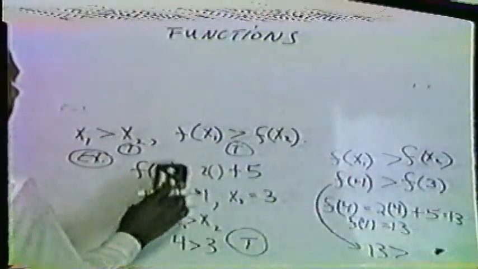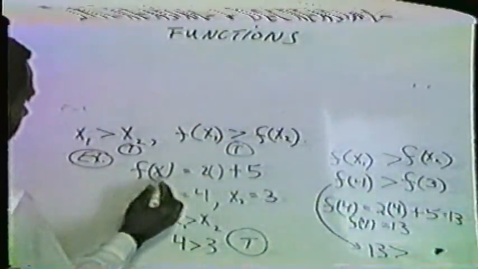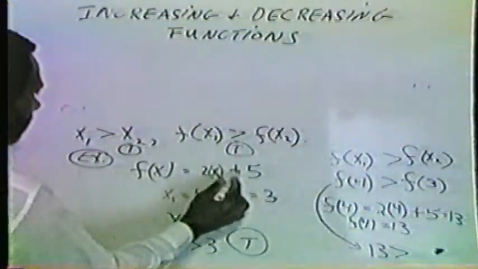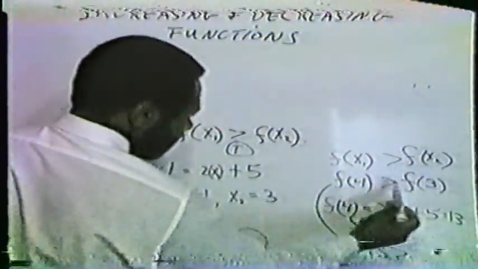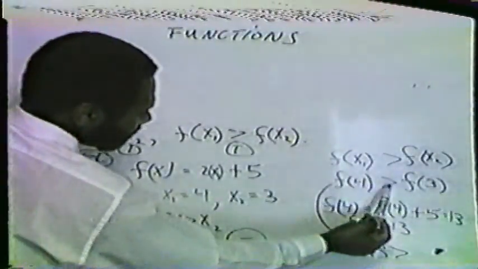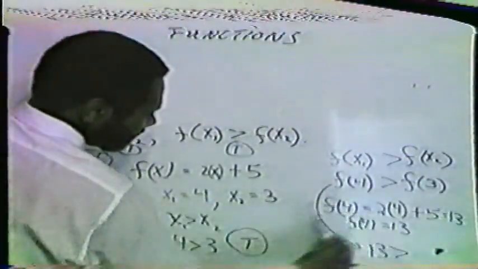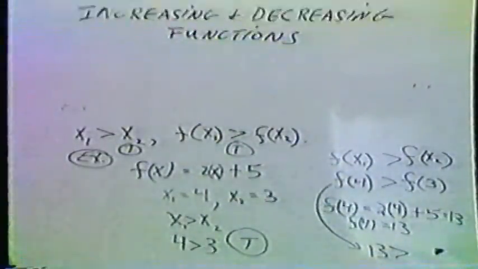Remember, the original problem was f of x equals 2x plus 5. We need to find f of 3 because we have to determine whether or not f of 4 is greater than f of 3. If it is, this part is true, and we would have an increasing function in this interval.